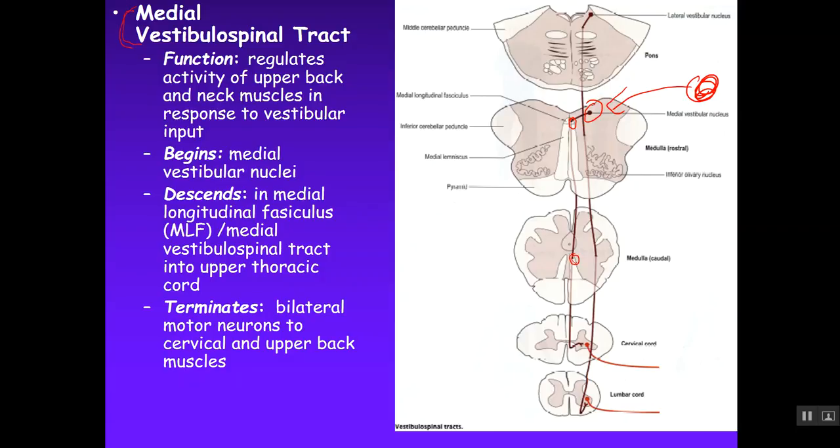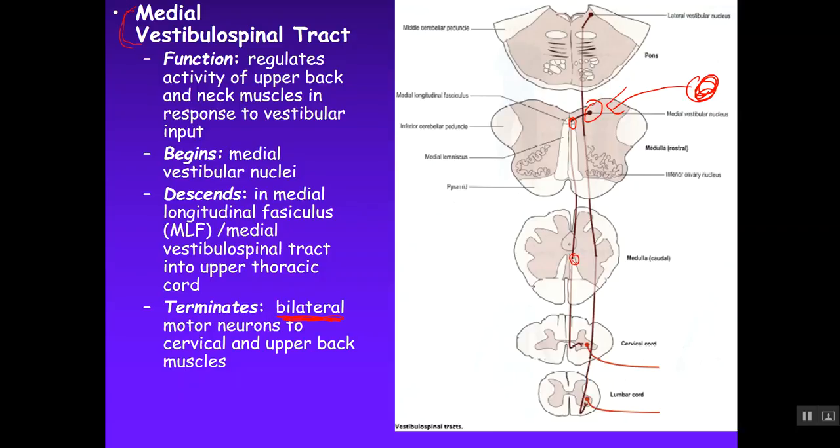It doesn't go all the way down. It's mainly upper back and neck because it's just controlling upper back and neck muscles in response to your head position. It's a bilateral pathway. It tends to terminate bilaterally in motor neurons of the cervical and upper back muscles.